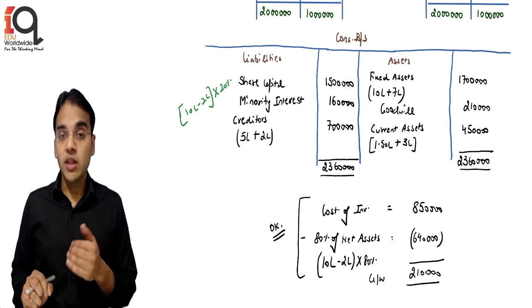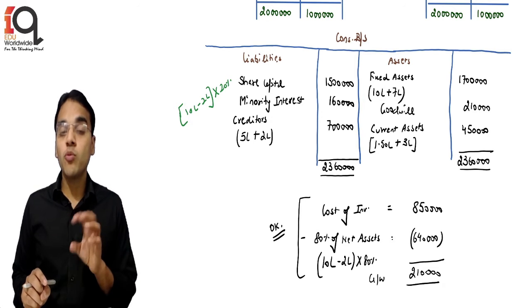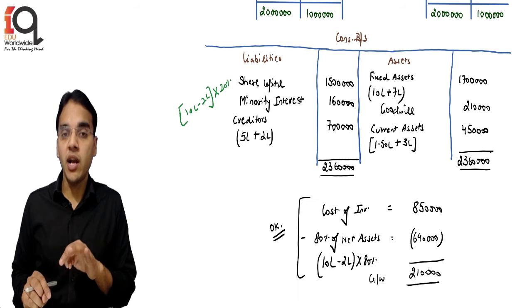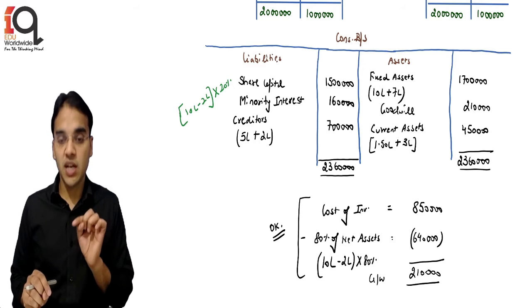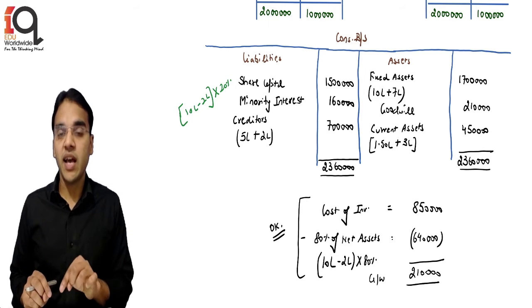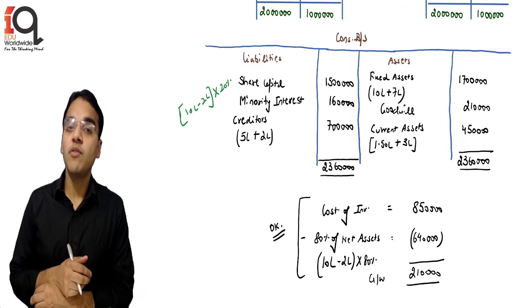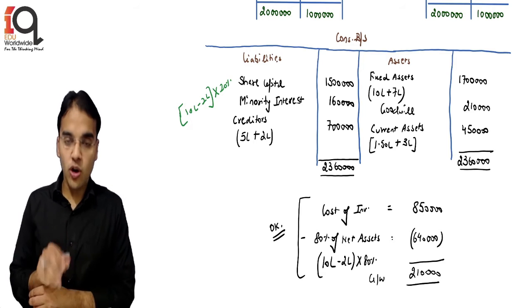The remaining net assets which are not owned by the holding company are considered minority interest, meaning the shares held by the minor people. Minority interest reflects the net assets of the subsidiary company, and we have to show it as a separate item, student. That is your 20%.